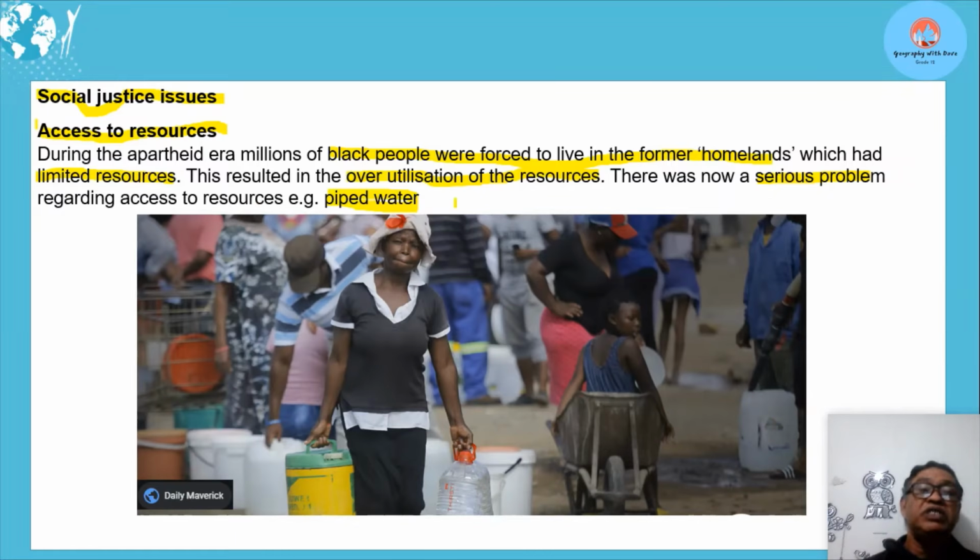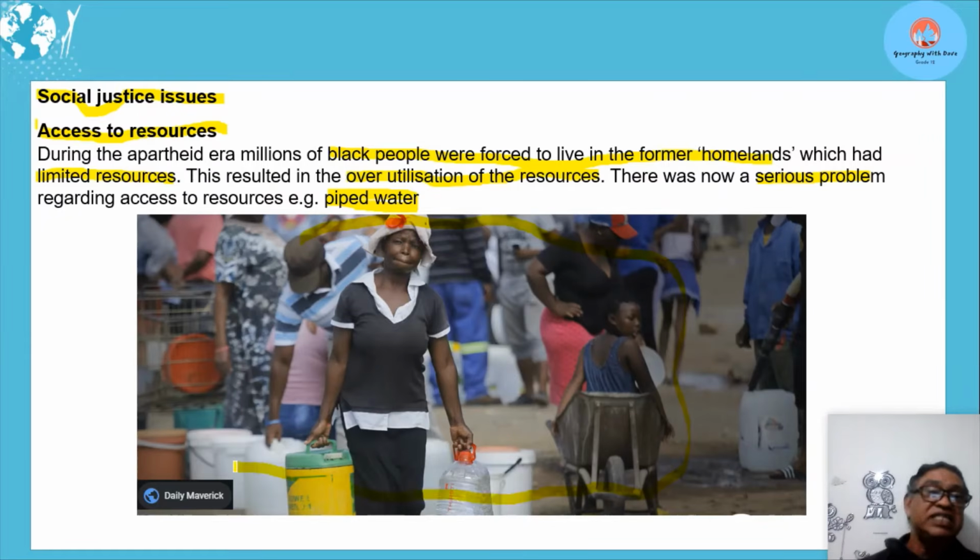With our recent issues of COVID-19 and opening of schools, you'll find one of the biggest issues is proper water and sanitation facilities in many of our areas, in order to make it a healthy environment, so the virus does not spread. So that's a good example that we could use. This is not uncommon.